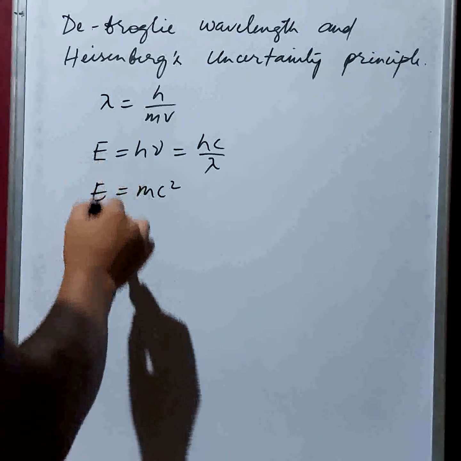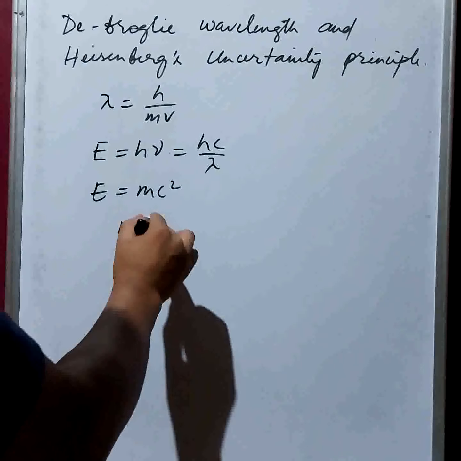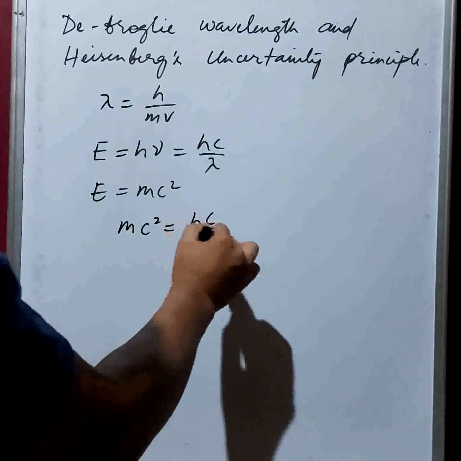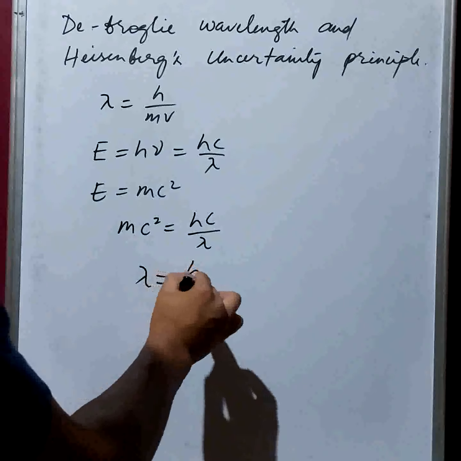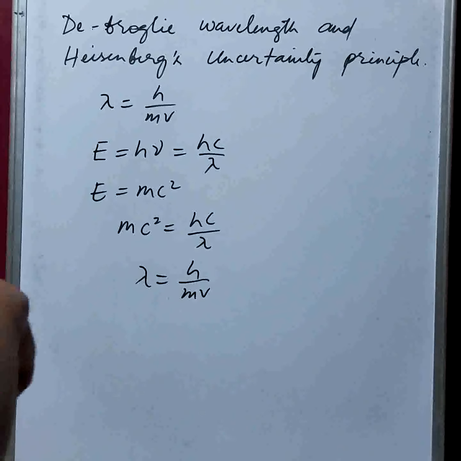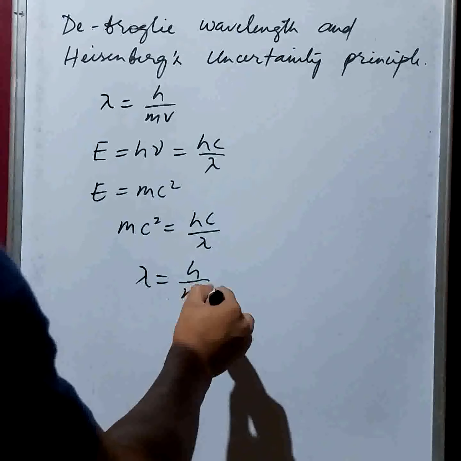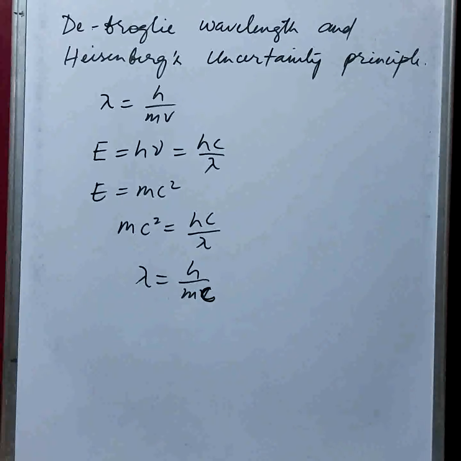If we equate these two equations, mc squared is equal to hc over lambda, and then we end up with lambda is equal to h over mv, or in this case c, just the velocity, the speed of light.